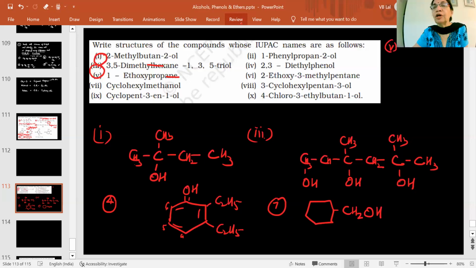So this is propane, 3 carbon atoms. On the first carbon atom, there is ethoxy. So OC2H5, CH2, CH2, CH3. So this is 1-ethoxypropane. So like that you have to write all the names. I think you should be able to write all of them.